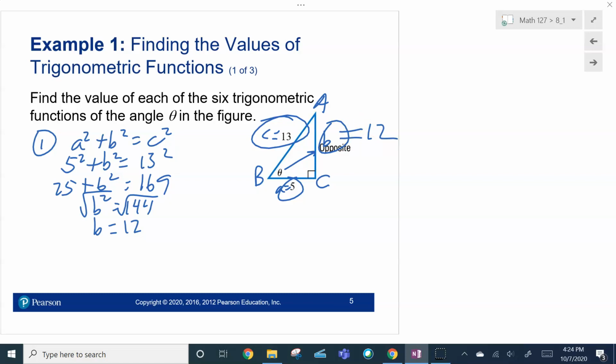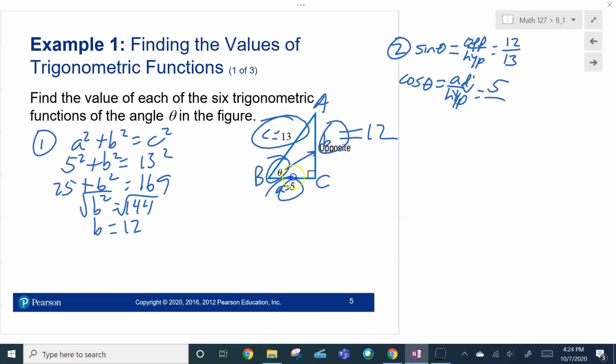And then secondly, sine of theta, in this case B, right, that's our theta, is opposite over hypotenuse. So in this case, 12 over 13. Cosine, adjacent over hypotenuse.